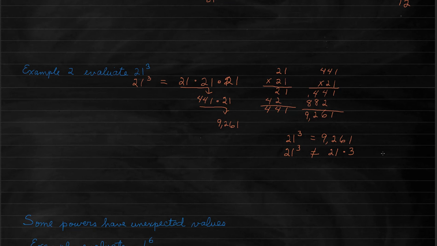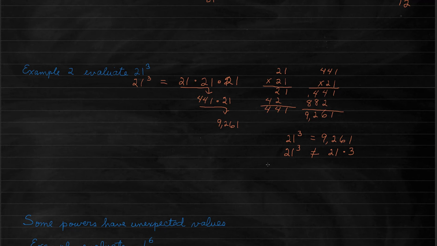It's 21 plus 21 plus 21, whereas 21 to the third power is 21 times 21 times 21. Okay, so once that is clear in your mind, I think you would have no problem evaluating a power.